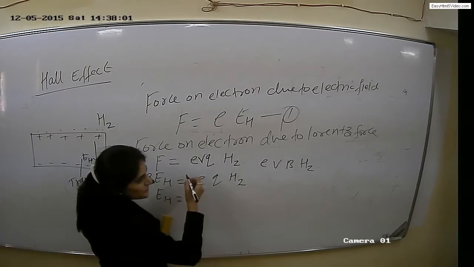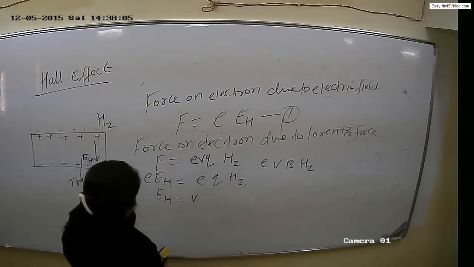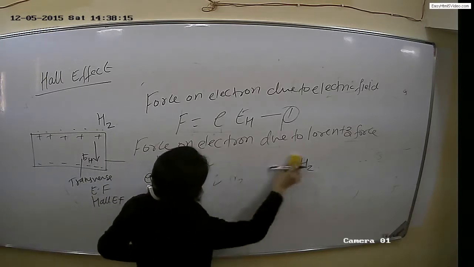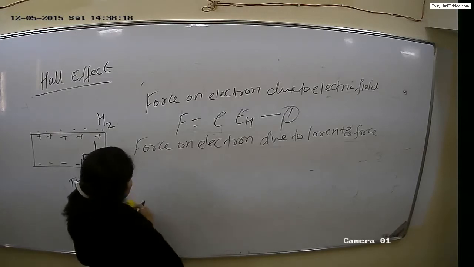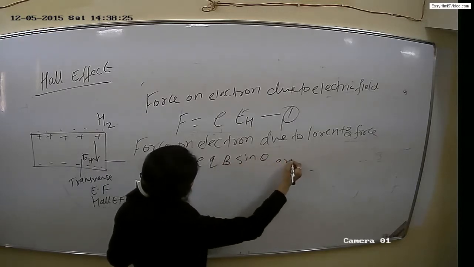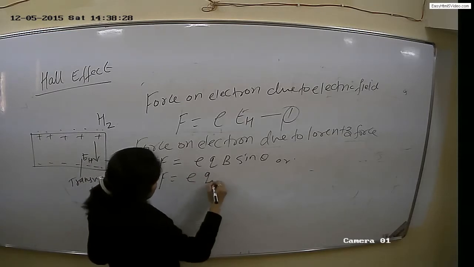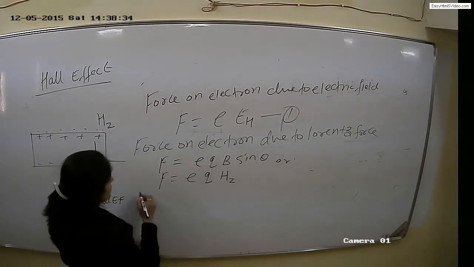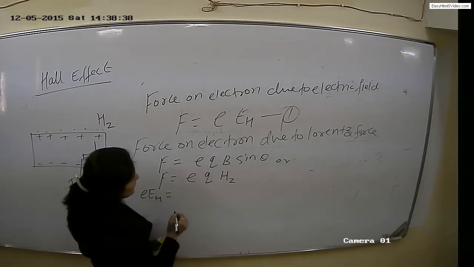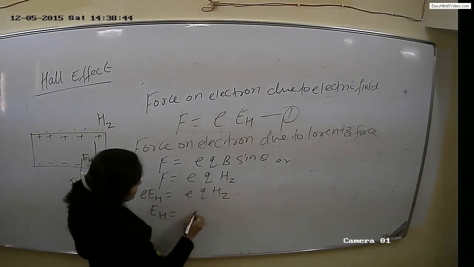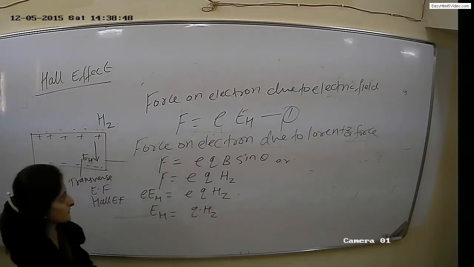So this is the magnetic field we are applying here. It is force on electron due to electric field, e into EH, and force on electron due to magnetic field, that is e V cross B. Equating both the sides, we will get EH is equal to V into Hz.